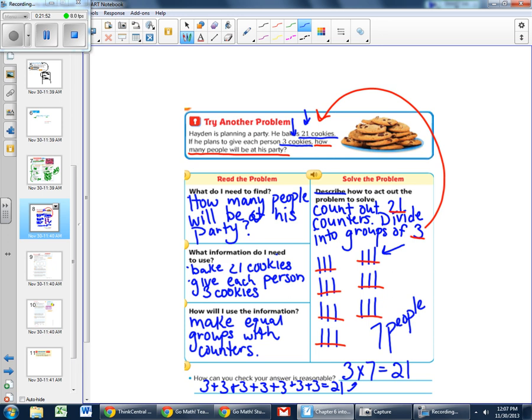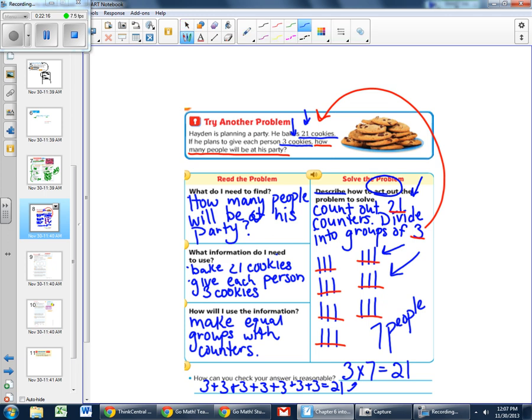Okay? So you could solve that problem by acting it out 2 different ways. By actually using physical counters, which is a great strategy until you get the hang of it. You could also draw it out, like I did here, groups of 3, until I get to that top number of 21, so that you know that those are going to be the correct answer.